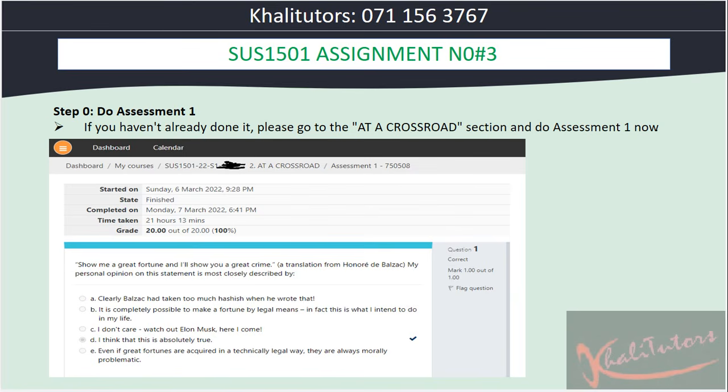I've displayed an image showing what you should see if you have completed that assessment. The assessment has 20 questions, and if you've answered all of them, you should get your 100%. Please make sure that you do this assessment before you do the other assignments. Otherwise, you'll get a 0, and the SUS people don't even play. Let's move on to the next slide.